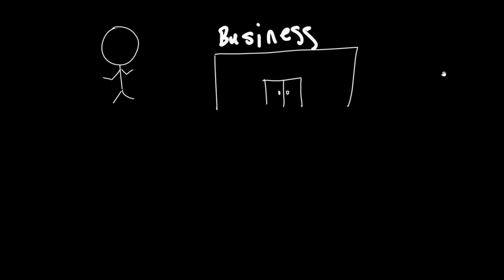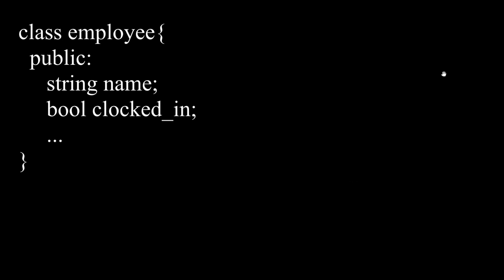So let's talk about an example of where you might actually use dynamic memory allocation over automatic memory allocation. So let's say you work for this company and they want you to write a program to track who's clocked in and who's not clocked in to their business. So you go ahead and create a class called employee and you put all of their information like their name and all the other stuff.